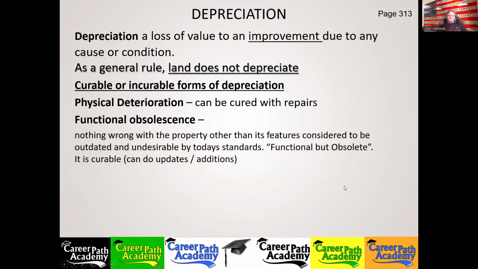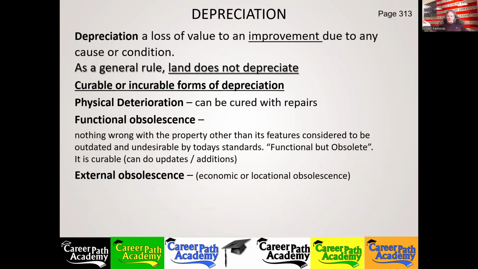Now, what about external obsolescence? When something is external, that means it's outside, right? Something outside your property, not on your property. Something in the area. External obsolescence is also known as economic or locational obsolescence.